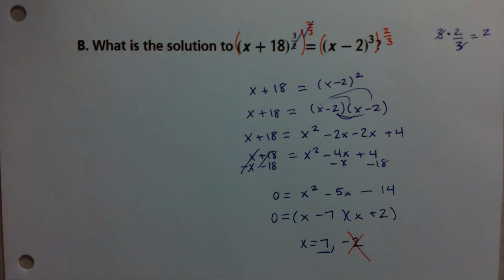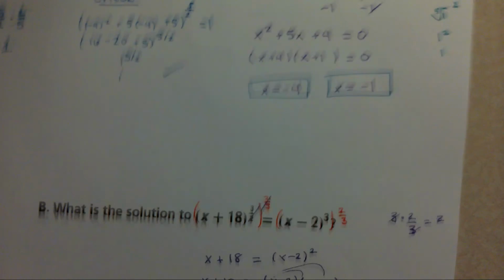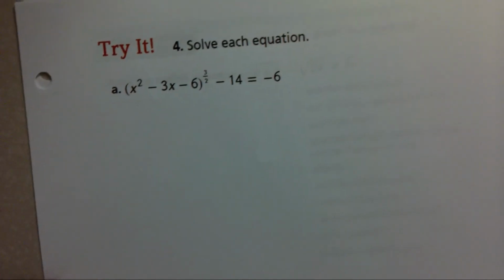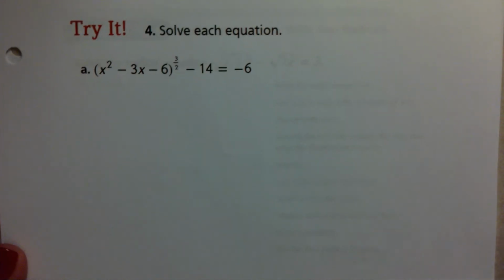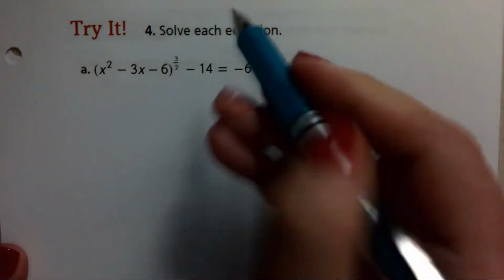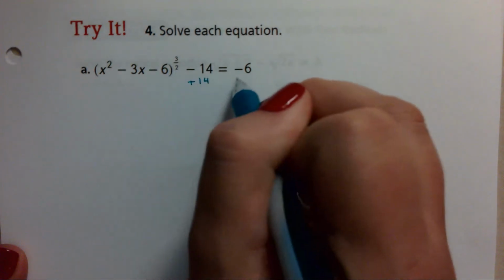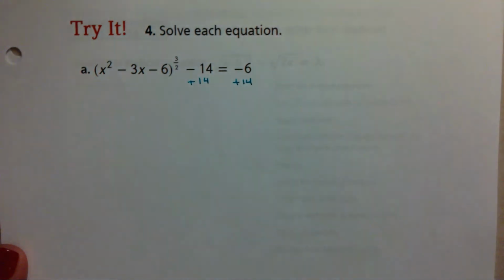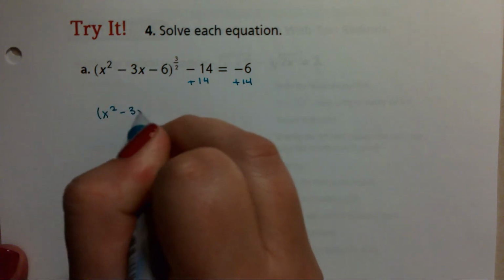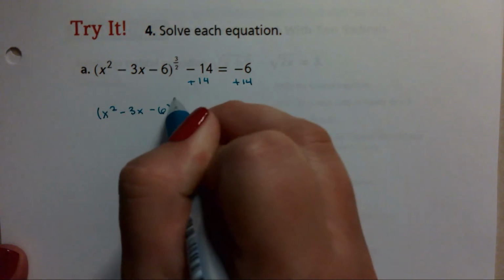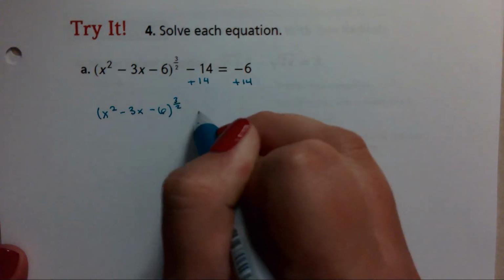All right, let's take a look at a couple more of those. So for this first one, we have to first isolate our expression with the rational exponent. So that means I'm going to add 14 over to the right first. So I'm going to get x squared minus 3x minus 6 to the 3/2 power equals 8.